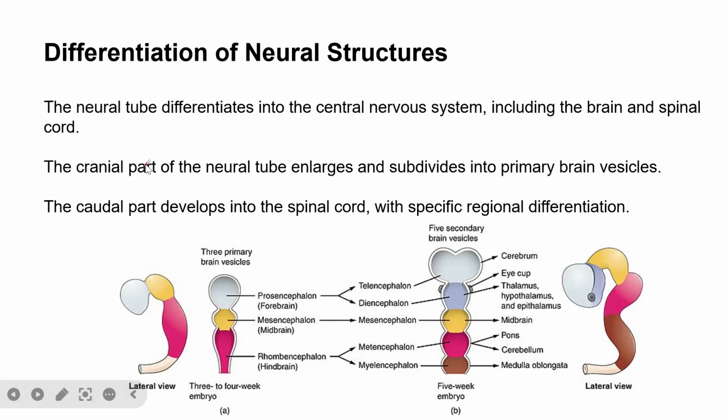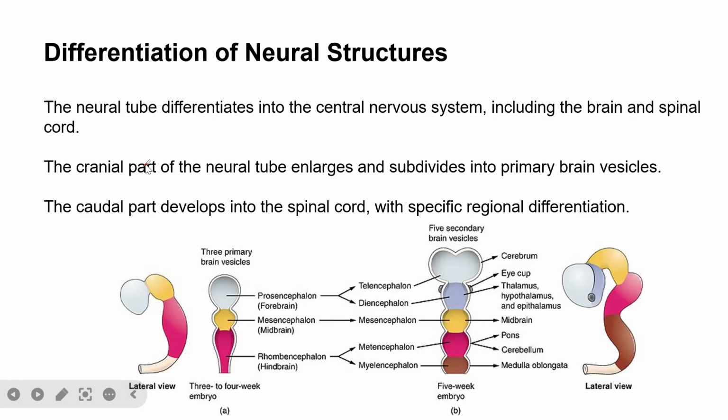And of course, the cranial part of the neural tube is the one that enlarges and then further subdivides itself into the primary brain vesicles, which started from three and then finally to five, where the different parts of the brain are generated. And then, as you can see, the caudal part of the neural tube develops into the spinal cord with specific regional differentiation.